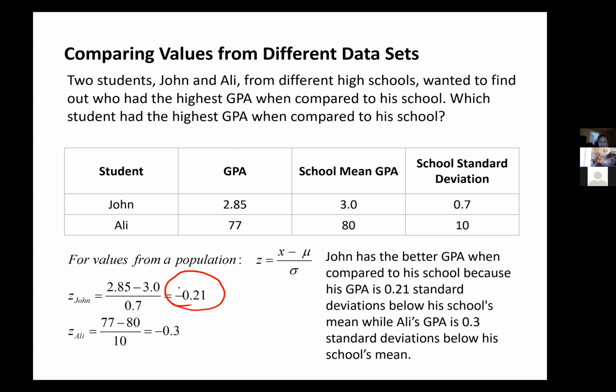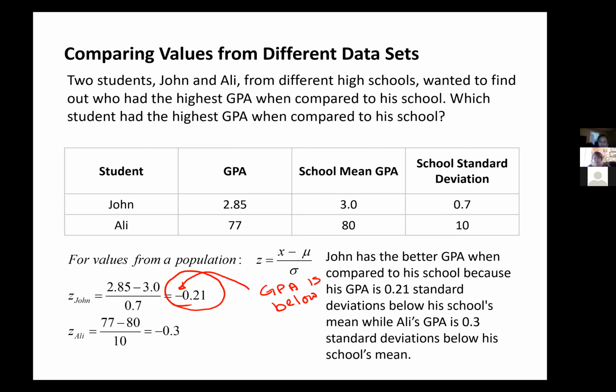This negative means that his GPA is below the school's average GPA. So it's 0.21 standard deviations below the mean.